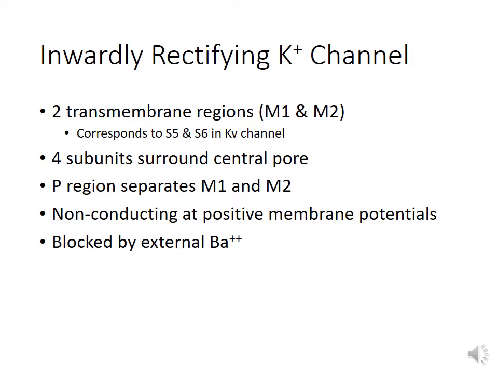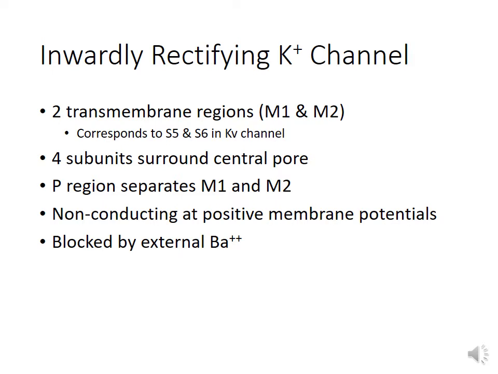These channels are called KIR channels, which stands for inward rectifying potassium channels. The major feature of these channels is that they are inward rectifying.